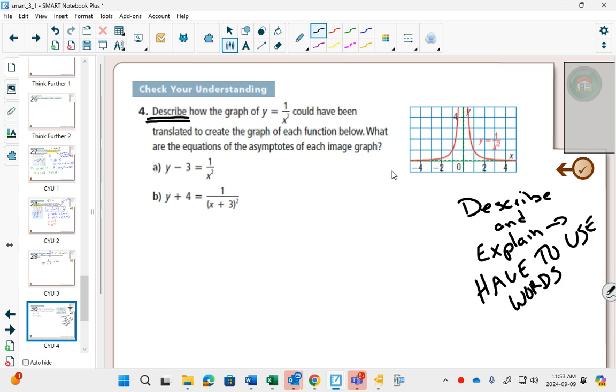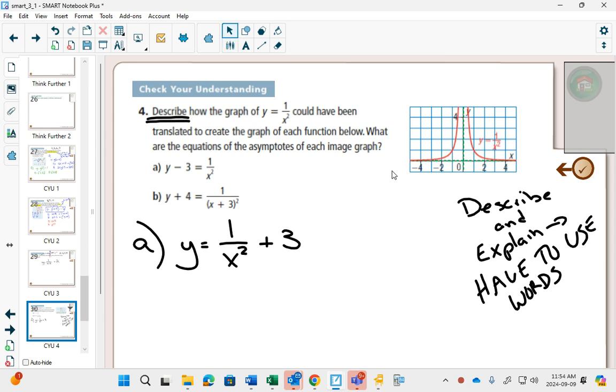So in part A, okay? The first thing I would do in part A is I like the y by itself, and I have to decide if this is inside or outside. This 3 is outside.